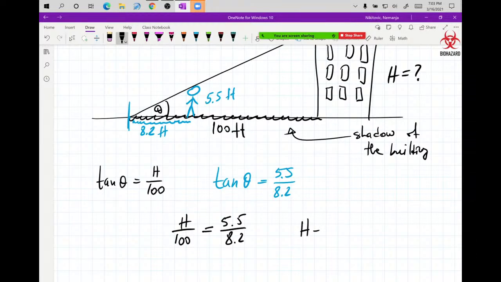So the height of the building is 550 divided by 8.2. Let's quickly crank that on the calculator because I'm lazy, and we're done. 67.1 feet. The height of the building.